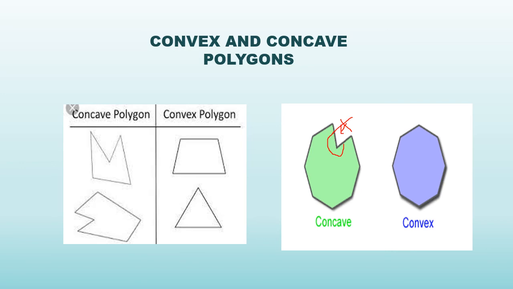And you can see that it is pointing towards the center. In convex, none of them is pointing towards the center. All are bulging outside.